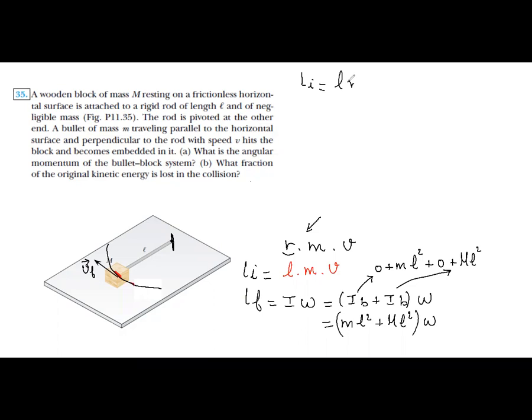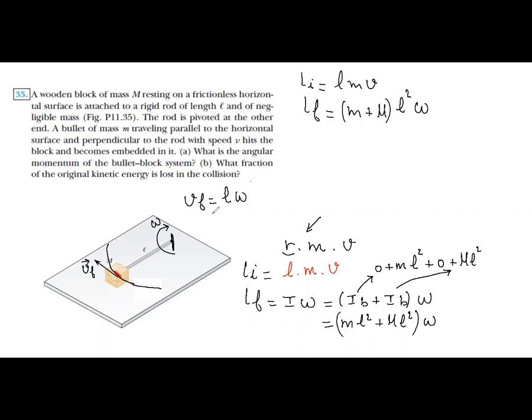L initial equals L m v, and L final equals m plus m, taking a common factor L squared, times omega. We have a relation between v final and omega: v final equals L, the radius of the rotation, times omega.